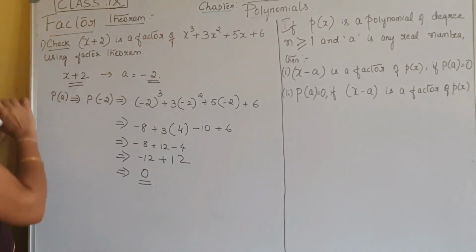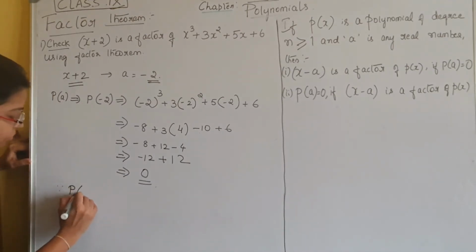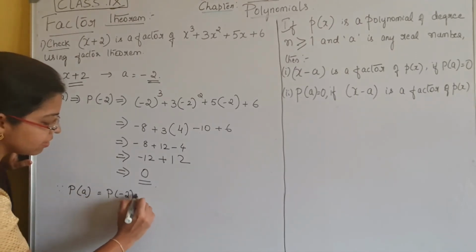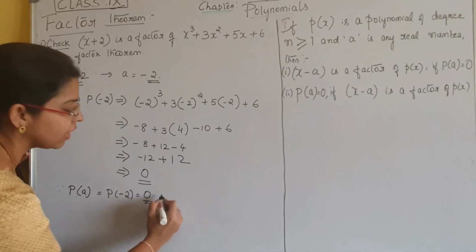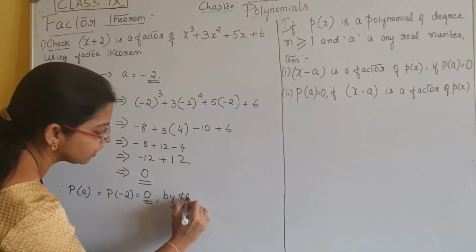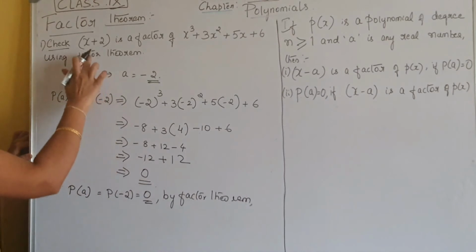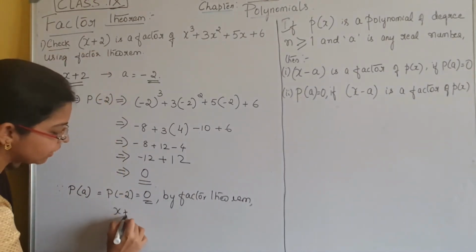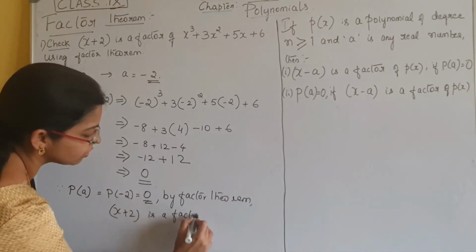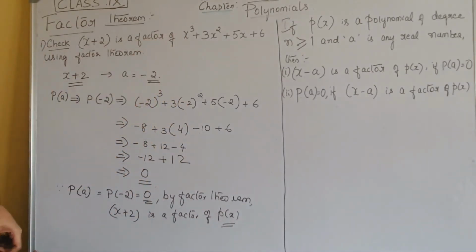Here they have asked to check, so you should write the reason: since p of a, that is p of minus 2, is equal to 0, by the factor theorem we can conclude that x plus 2 is a factor of p of x, that is x cube plus 3x square plus 5x plus 6.